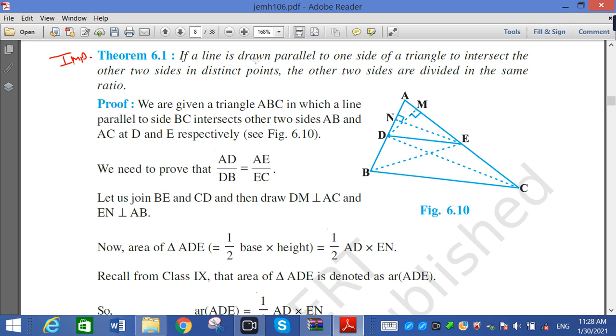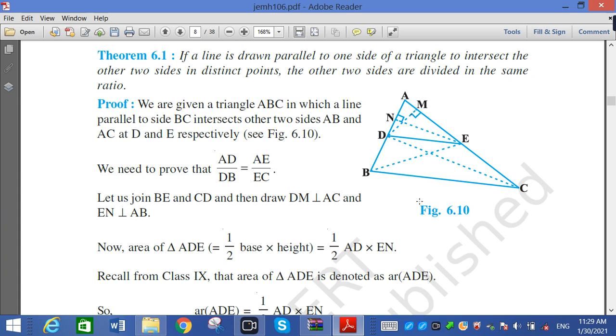A line is drawn parallel to one side of the triangle, so BC is parallel to DE. The other two sides are divided in the same ratio, so AD upon DB is equal to AE upon EC.